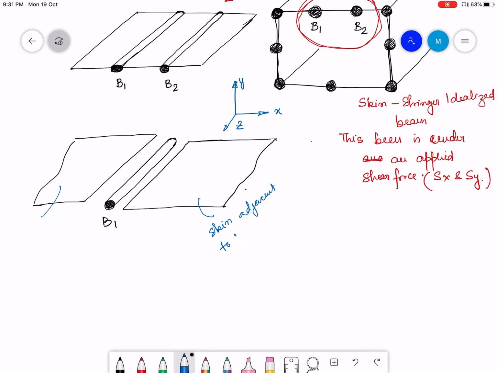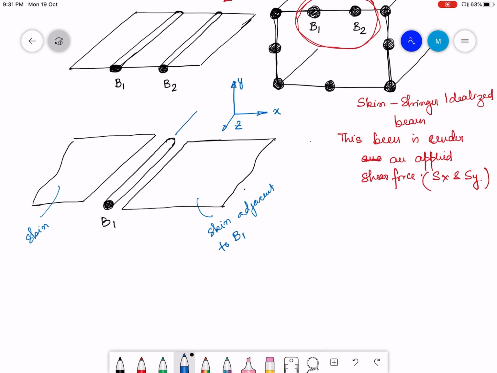Now let us see what are the stresses on boom 1. So first is going to be the direct stress. Because shear force is acting, it will produce a moment, and that moment is going to produce direct stress on the boom.